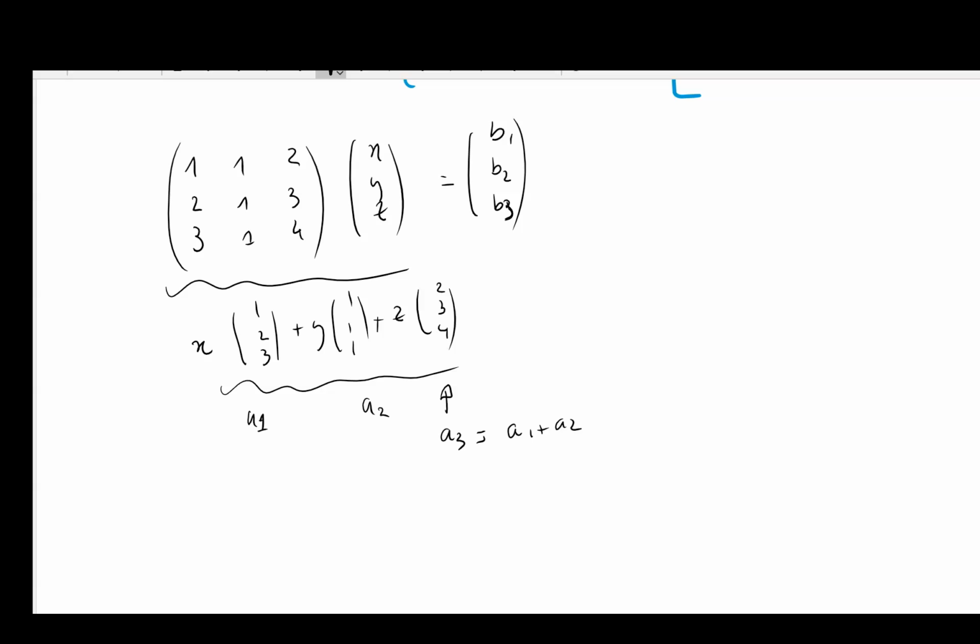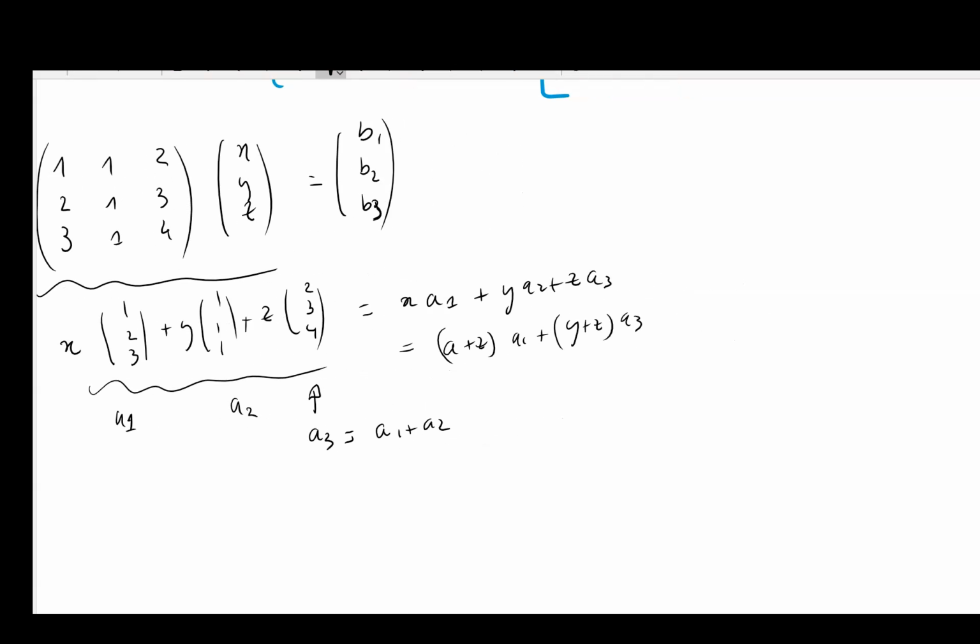If I write x times a1 plus y times a2 plus z times a3, this is really (x plus z) times a1 plus (y plus z) times a2, as a3 is given by a1 plus a2. So the linear combinations of these columns are actually linear combinations of two vectors.